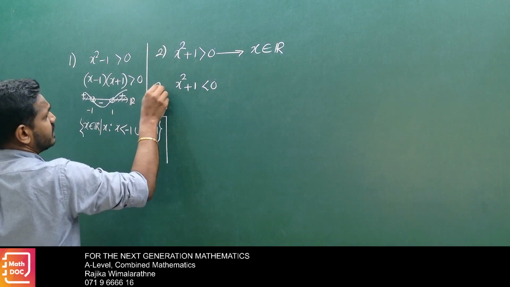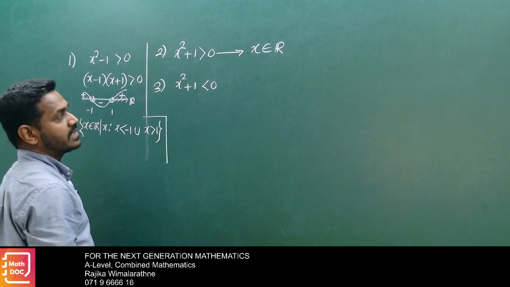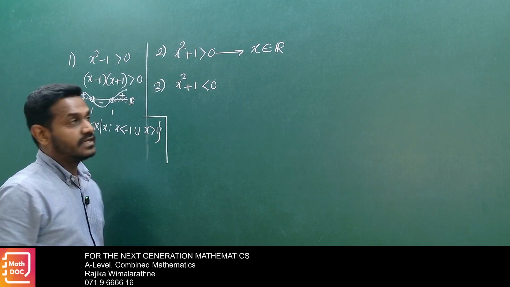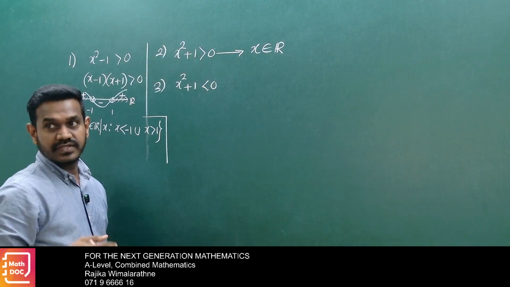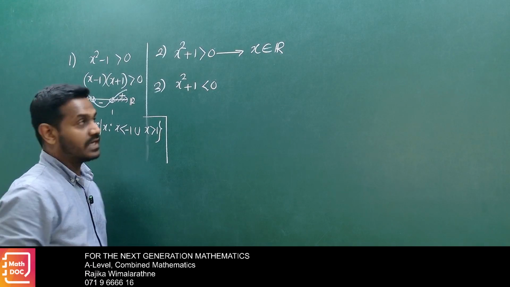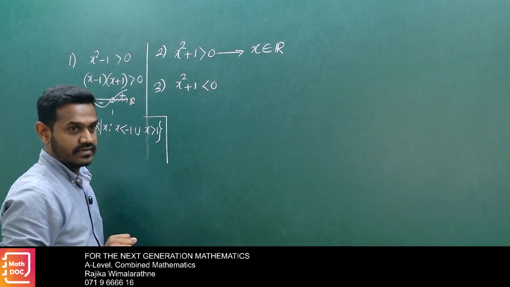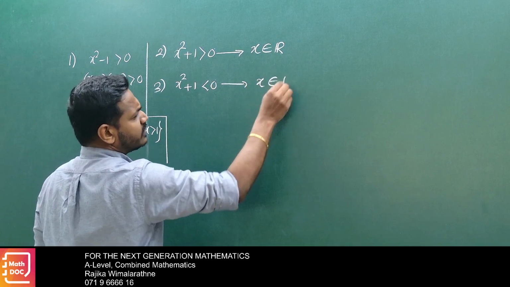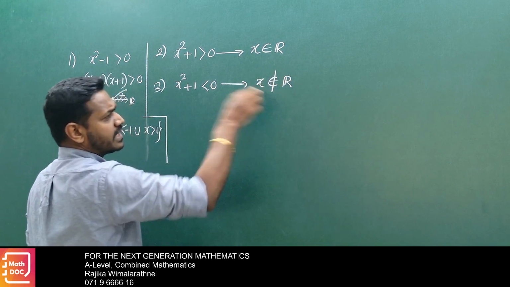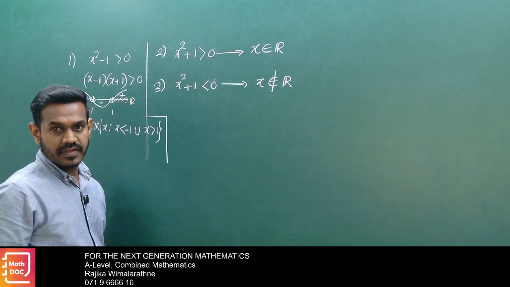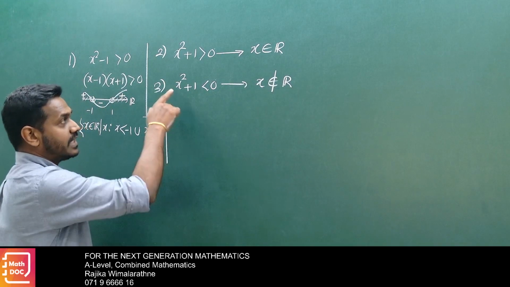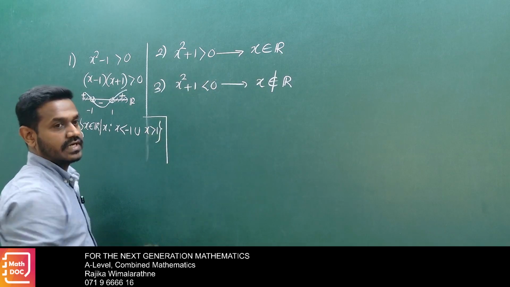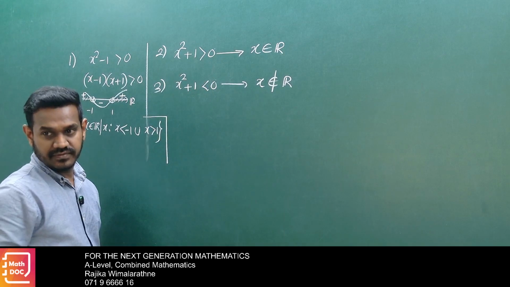Then when you consider x square plus 1 less than 0, that won't happen. Surely x square plus 1 is a positive value, no? Therefore, there is no real value for this inequality.